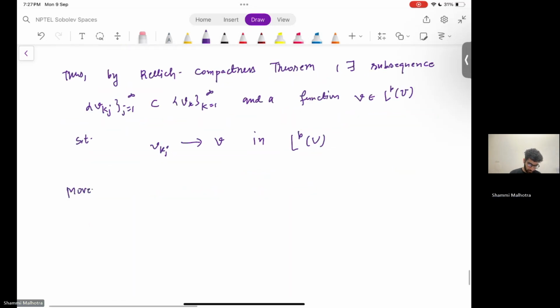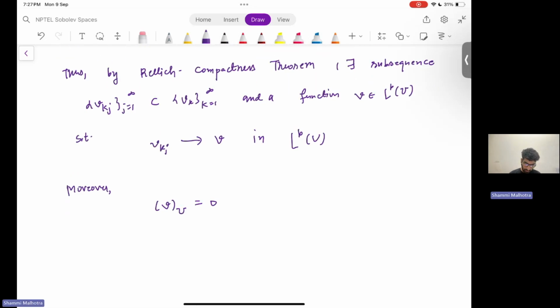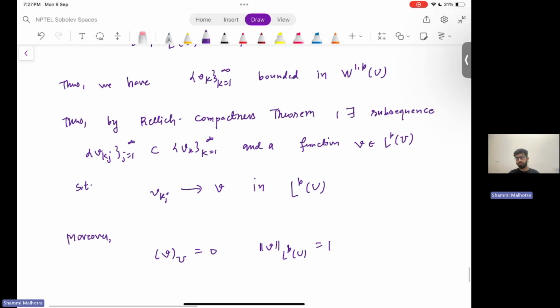Moreover, we have this average integral of v to be 0 and the L^p norm to be 1. This again comes from the compactness. The v_k's have L^p norm equal to 1, so the norm converges, and again the average integral is 0. This is again a byproduct of the compactness and the strong convergence of v_{k_j} to v in L^p.